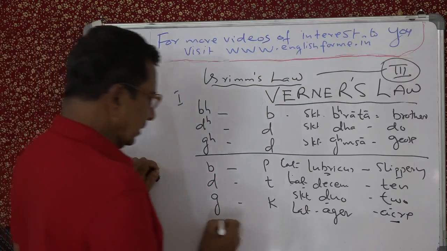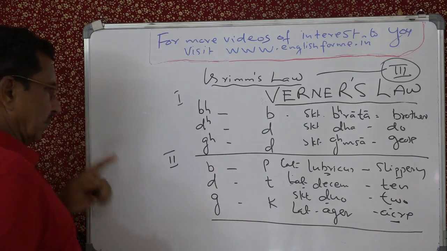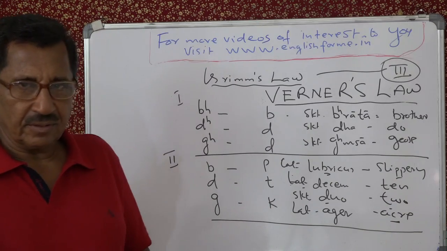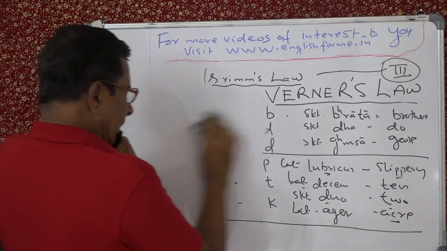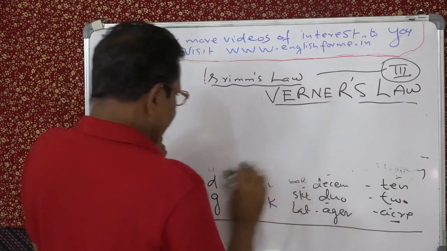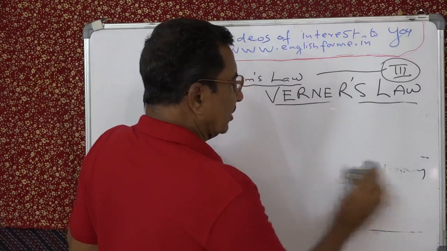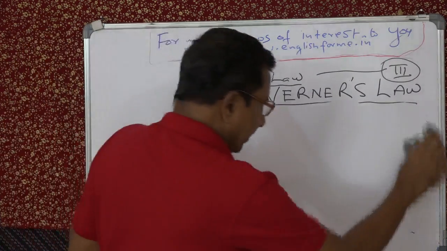So this is the second law, or we can say 3 more correspondences, 3 plus 3, 6 correspondences. I hope you are following me. Okay? Are you following me? Right. Any doubt? No. You must have no doubt, because this is only repetition. We have taken this in detail already, so this remains only a kind of brushing of your memory, isn't it?